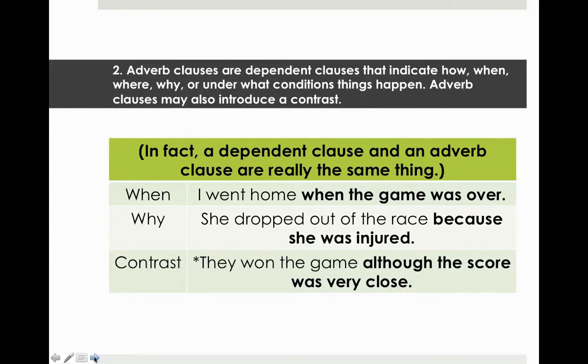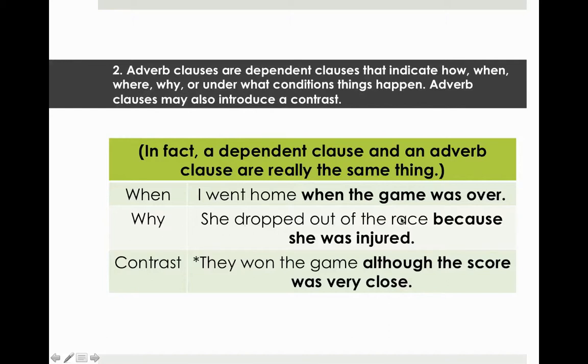Adverb clauses are dependent clauses that indicate how, when, where, why, or under what conditions things will happen. Adverb clauses may also introduce a contrast. In fact, a dependent clause and an adverb clause are really the same thing. So when I went home when the game was over, I'm talking about when I went home.